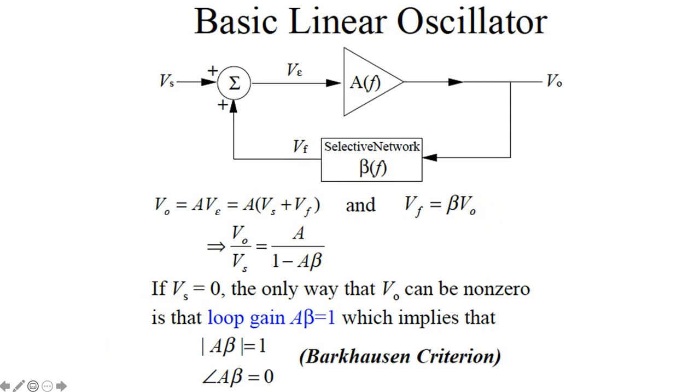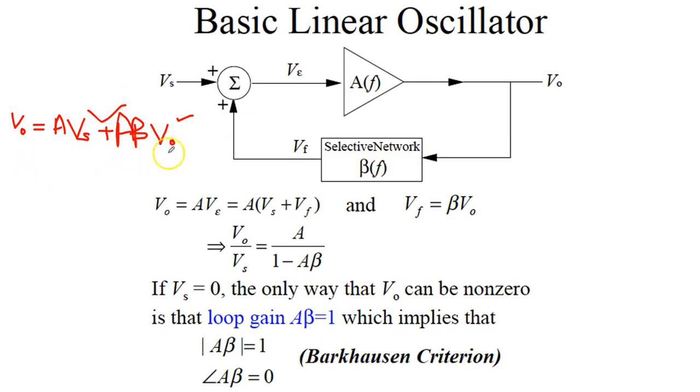So I'll quickly write it down here: V0 is equal to A Vs plus A beta V0. What we are trying to do is find the relationship between the output voltage and the input voltage. Output voltage is this one, input voltage is this one, so by that we will know the relationship between these two voltages.